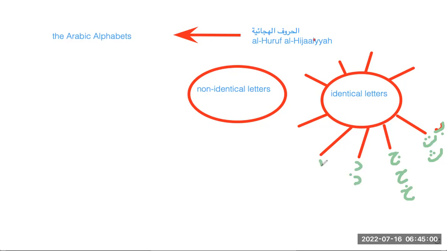We have Ra and Zai. We have Sin and Shin.